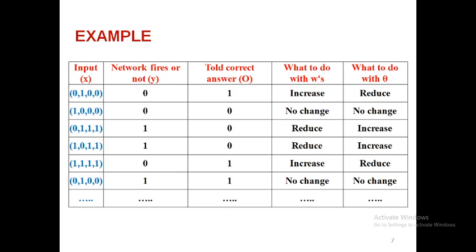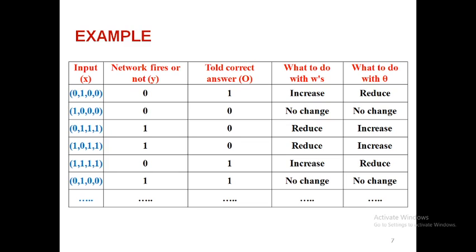To get the required answer, what do we need to do? We need to adjust the weights and thresholds. We need to increase the weights, because y is equal to 0 and we have to make y equal to 1. To make y equal to 1, your y should be greater than or equal to theta. Y is nothing but the summation of Wi into Xi. Your input is as it is, but you can change the weights.